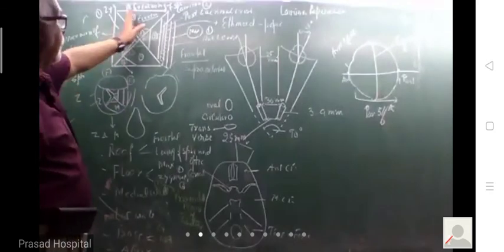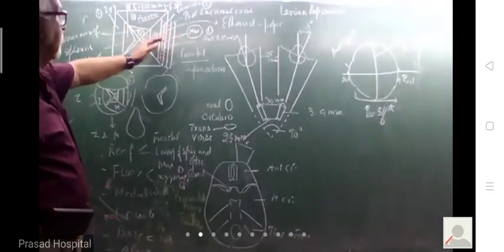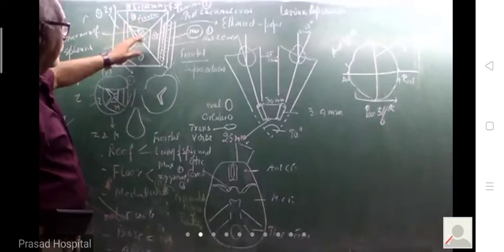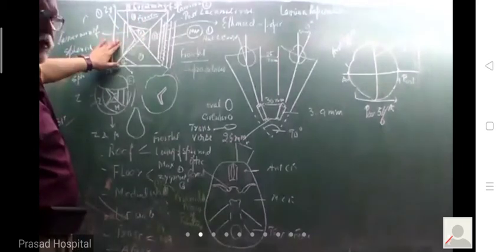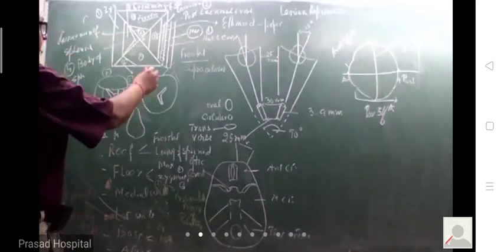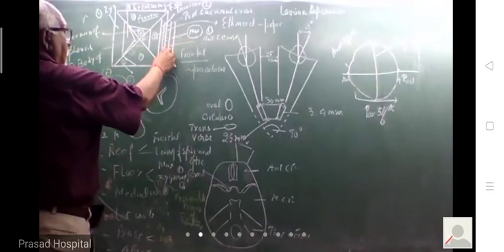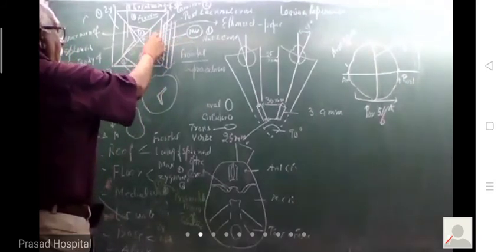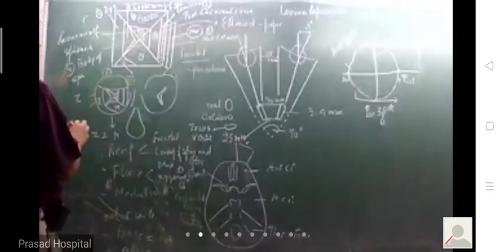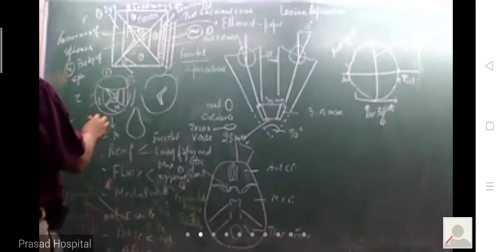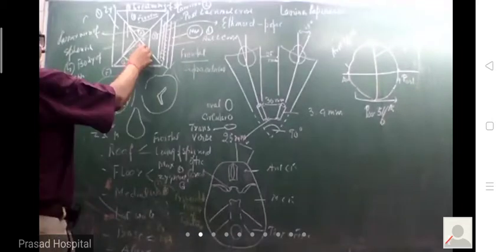So you have the medial wall, the roof, the floor, and the lateral wall. The medial wall is formed by frontal process of maxilla, by lacrimal, and by ethmoid. Plus, you have the body of the sphenoid. The floor is formed by maxilla, by zygomatic, and by the pyramidal process of palatine.